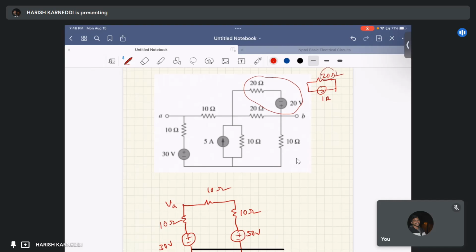This 20 ohm and this 20 ohm are connected in parallel, so the equivalent resistance will be 10 ohm with 1 amp.